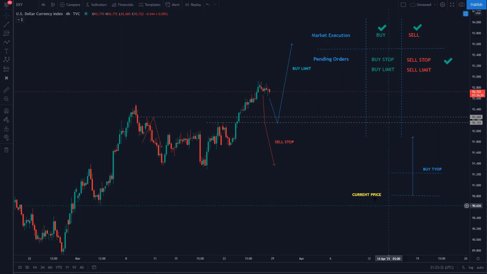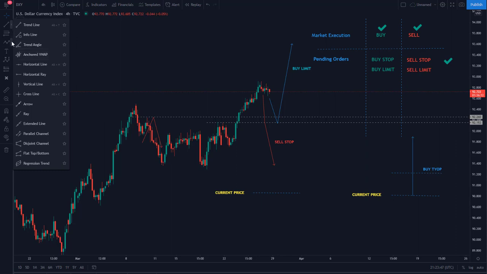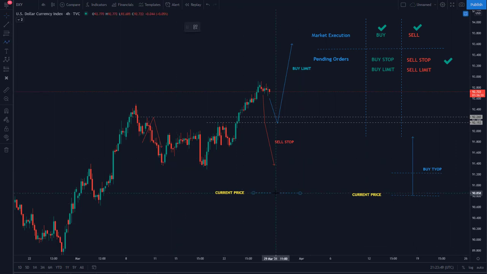Right? Similarly, this is your current price. A sell stop would mean price is moving from here to a price somewhere below your current price and then moving in the downward direction.